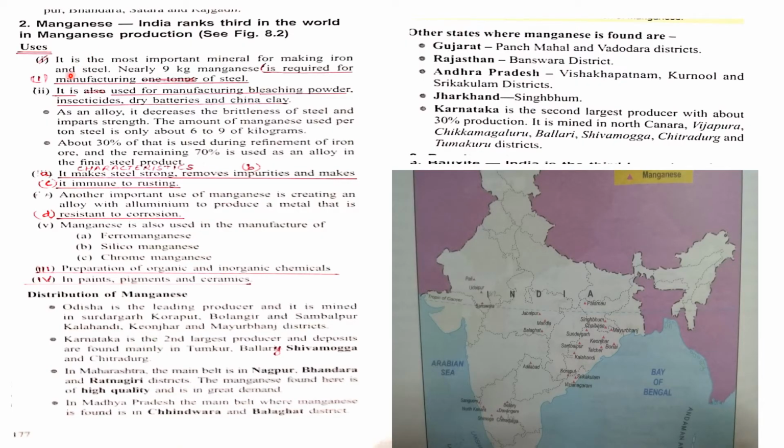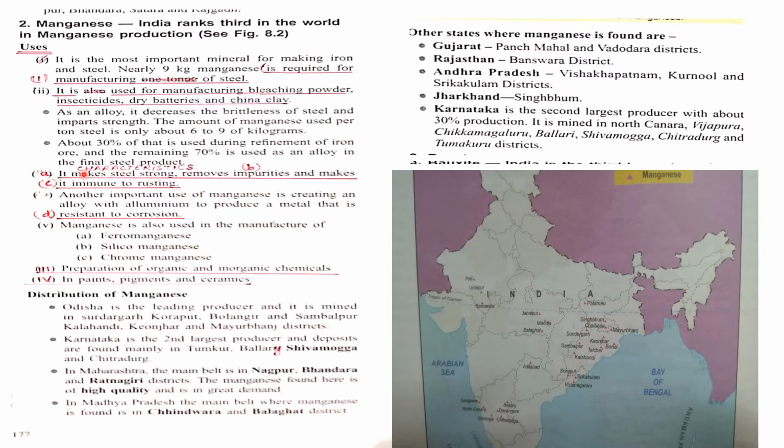Then we come to why it is important for the iron and steel industry, because it can make steel strong, it removes impurities and makes it immune to rusting. That means the iron will not rust if manganese is mixed with it. The steel will not rust if the manganese is added to it.